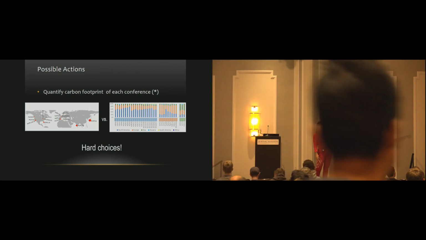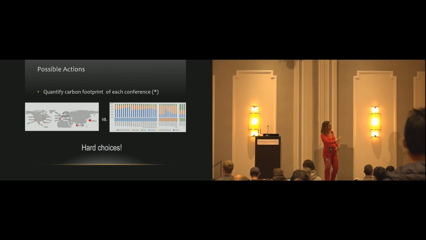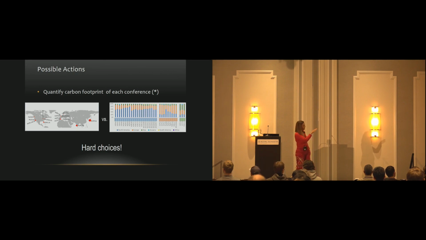So I know you cannot read that other chart, but on the right, if you see the colors, the blue is North America, orange is Europe, and the other color that's green that you don't see is Asia. So the first blue group are all the SIGPlan conferences that have been held in North America, okay?